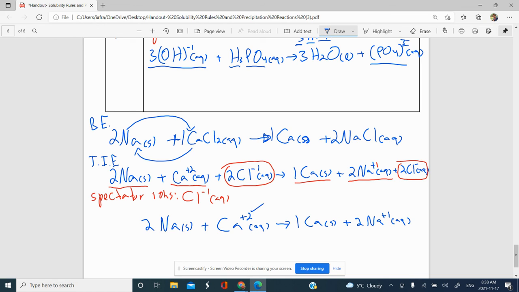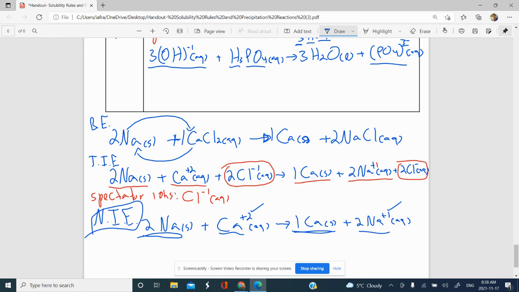My charges are balanced because there's two pluses there too, and these are 0 and 0. And my amount of atoms are balanced. So I have one calcium, two sodiums, two sodiums. And this would be my net ionic equation for a single displacement reaction.